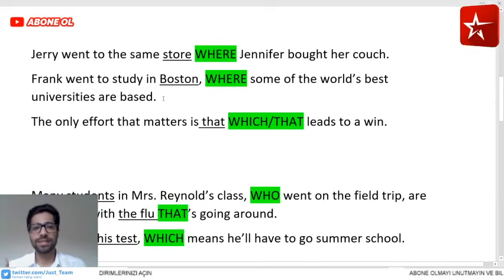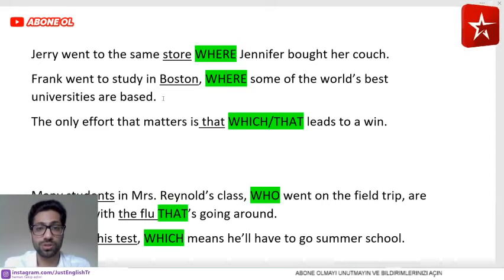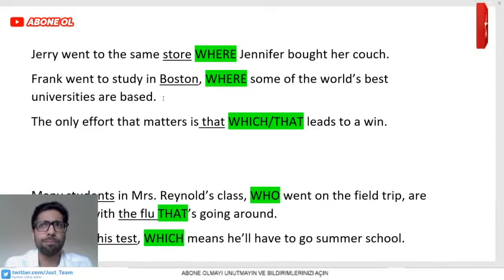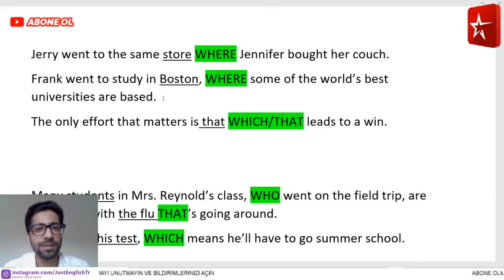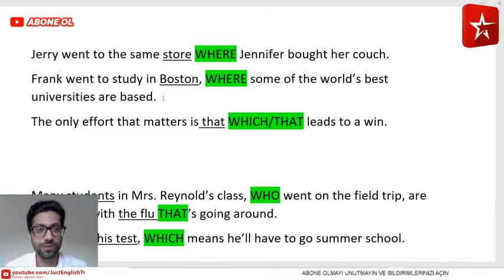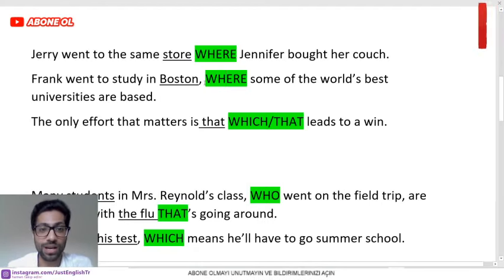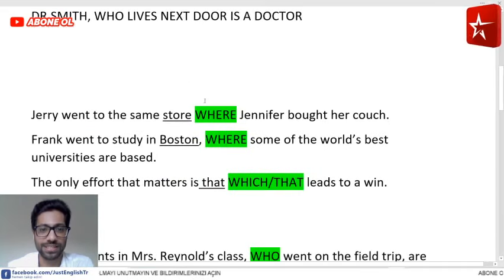So what you are trying to say here is, my friend Frank went to study in Boston, and okay, very good. Either I know about Boston is very good for studying, or you like to add some information. You're trying to modify the sentence. So you will say, some of the world's best universities are based in Boston. Okay, so here, as we agreed, there is a comma when there is modifying in the sentence.